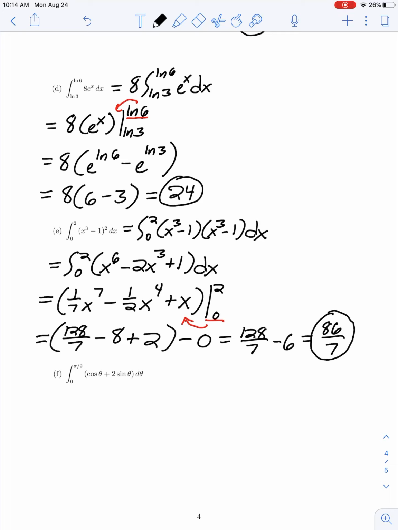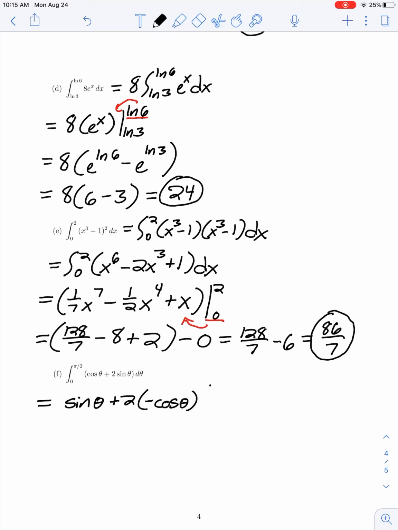Part F, we have the integral from 0 to pi over 2 of cosine theta plus 2 sine theta with respect to theta. So a little review for antiderivatives of our trig functions. The antiderivative of cosine theta is sine theta, and then we have plus 2 sine theta. Now the antiderivative of sine of theta is negative cosine theta.